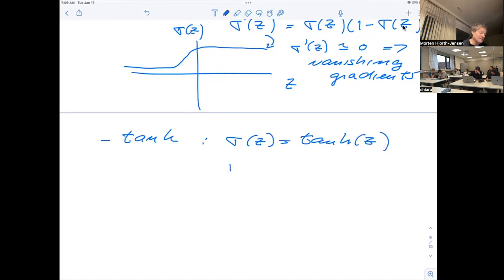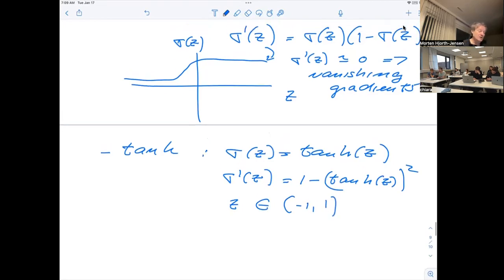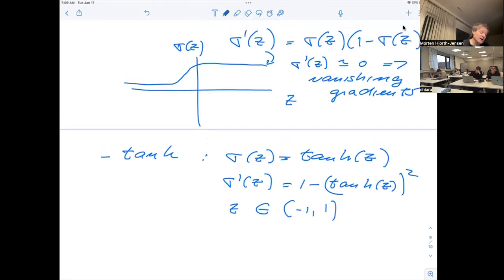And then its derivative is given by 1 minus tanh of z, squared. In this particular case, the output lives in -1 to 1, depending on the situation which you have and the type of variables which you end up with. In the case of the sigmoid function, it goes from 0 to 1.